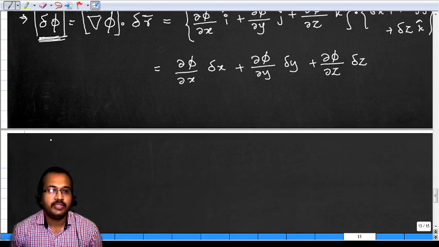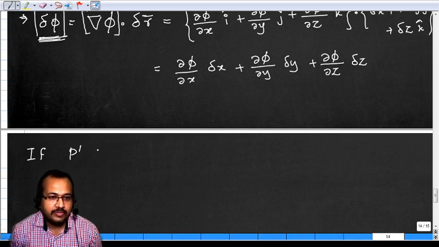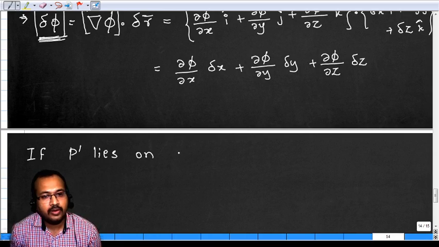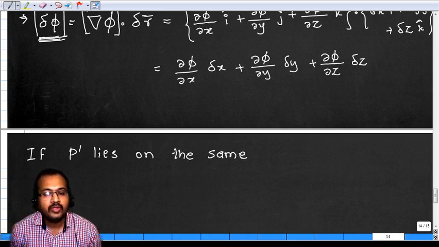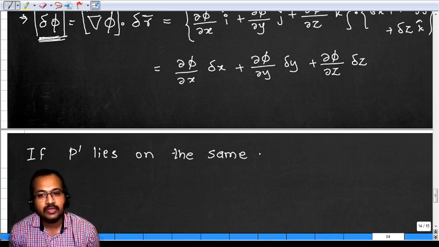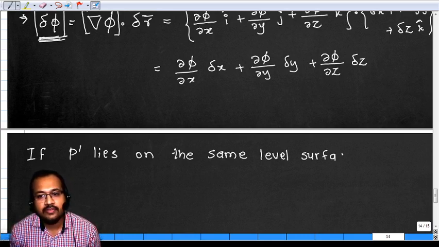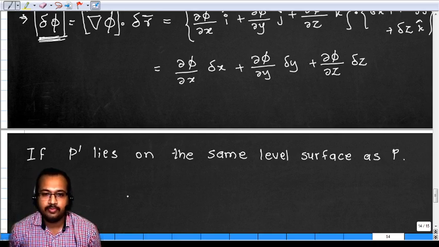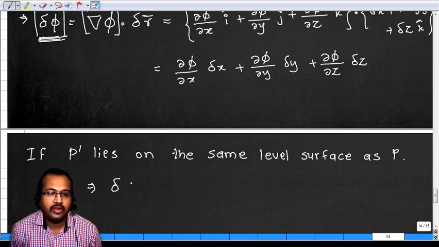So now we consider if P dash lies on the same level surface as that of P, then the value for delta phi will be 0.